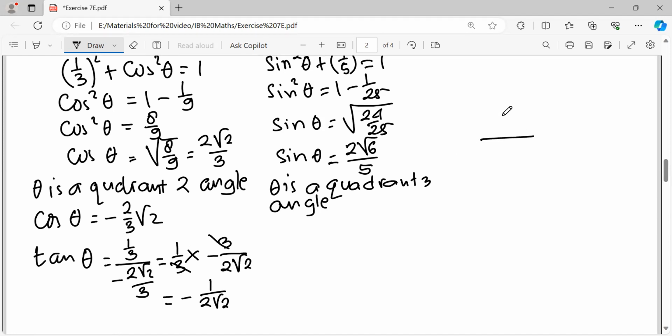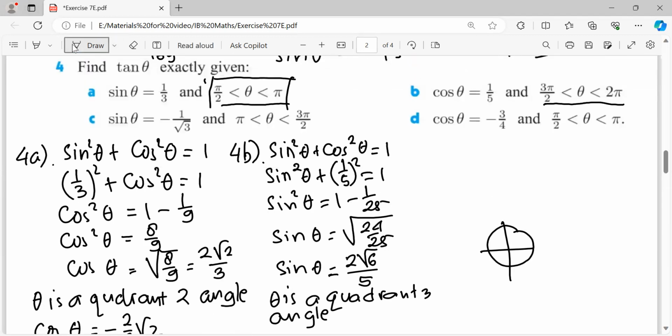So look at this circle diagram. Wait, I have to make sure. Quadrant 4, not quadrant 3, sorry.